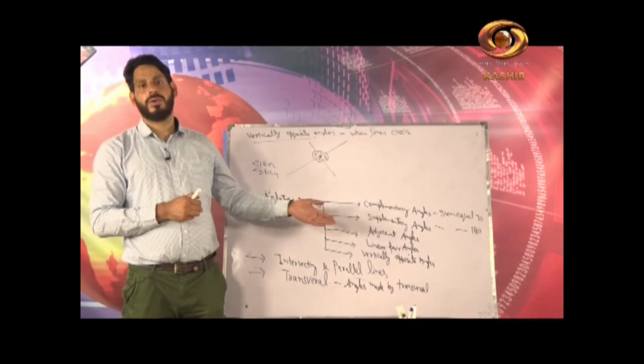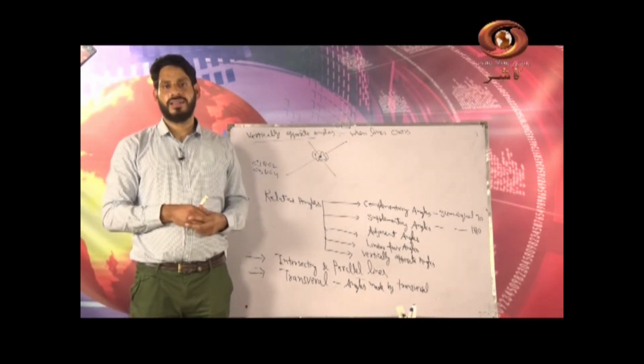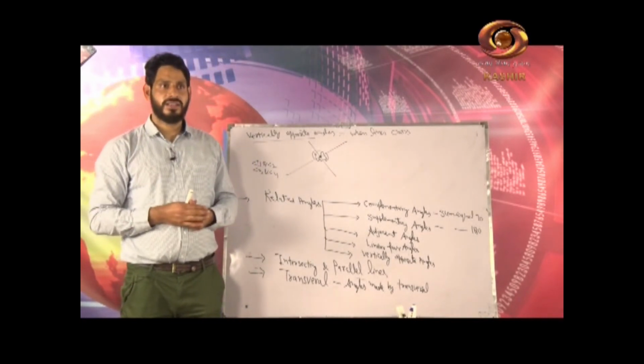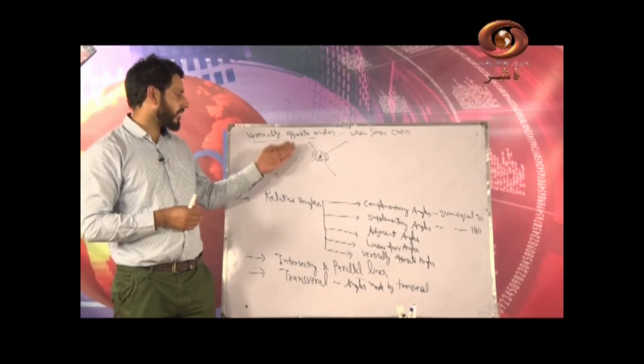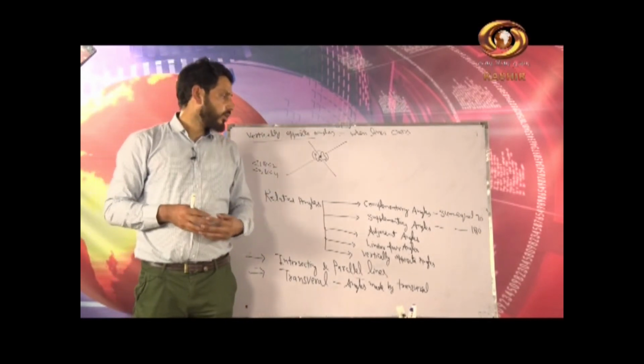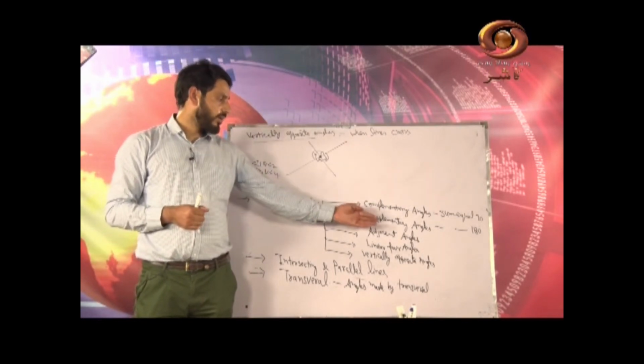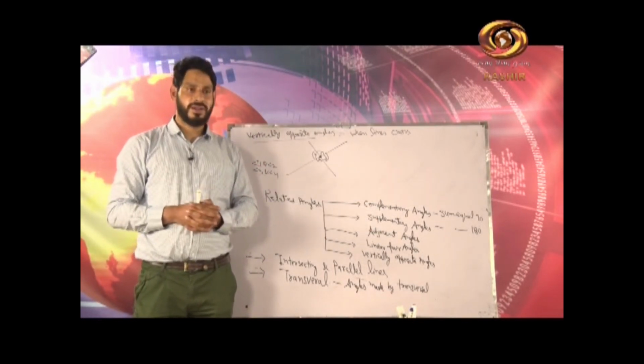Then we talked about the right angle, that is 90 degrees, acute angle which is less than 90 degrees, obtuse angle that is greater than 90 degrees, and finally we talked about related angles, that is complementary angles whose sum is equal to 90 degrees, and if the sum of two angles is 180, that is supplementary angles.